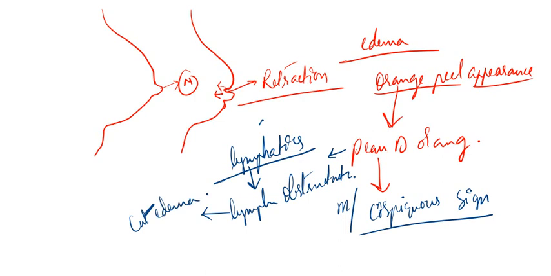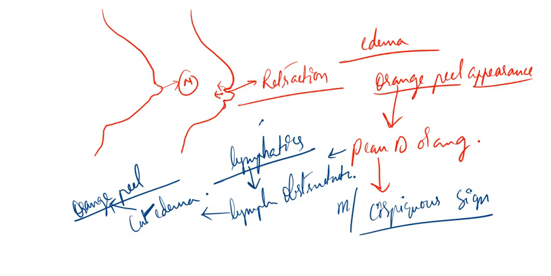As a result of this cutaneous edema, the breast skin appears like an orange peel, otherwise called peau d'orange. Right? You understand? That is the reason behind the peau d'orange skin.